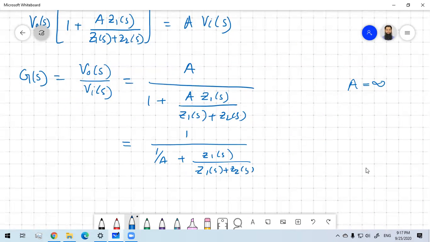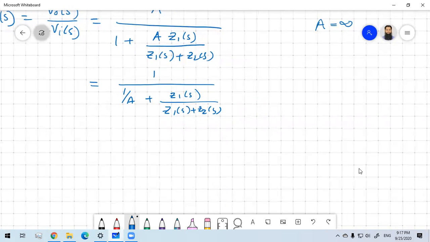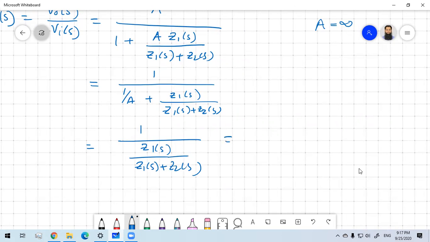This is the approximation we talked about. Sometimes we have to apply the approximation so that we can simplify our calculation. Now if you apply A equal to infinity, we get 1 by Z1S divided by (Z1S plus Z2S), which simplifies to (Z1S plus Z2S) divided by Z1S.